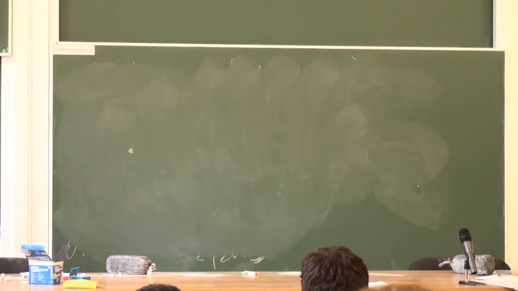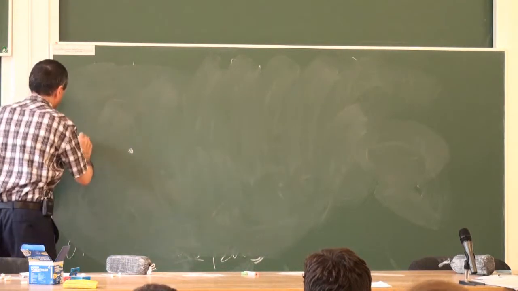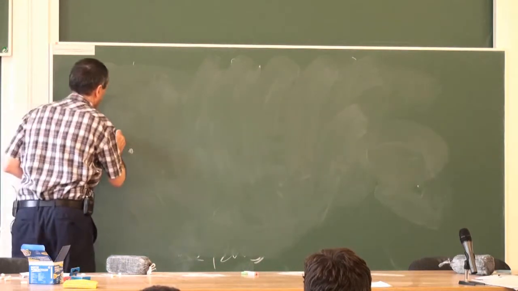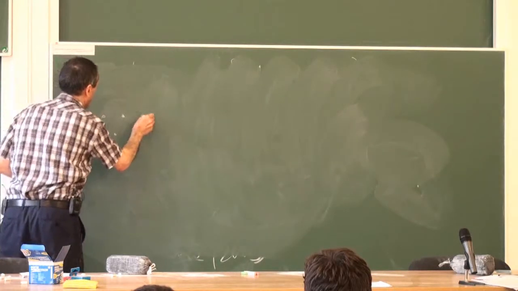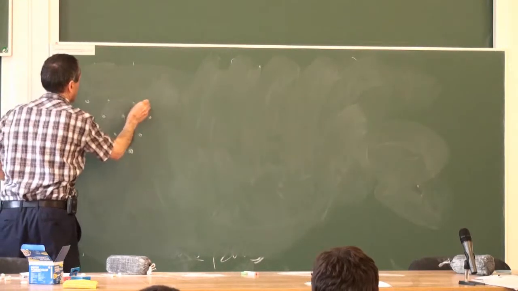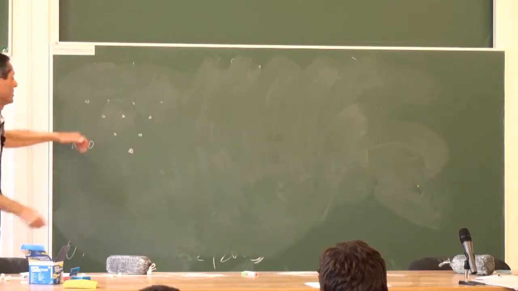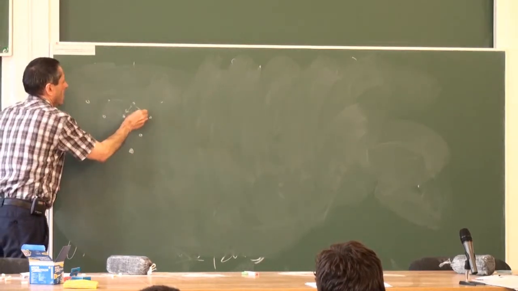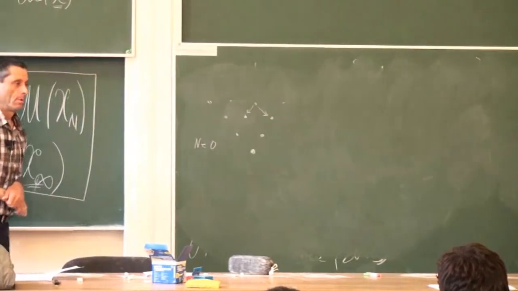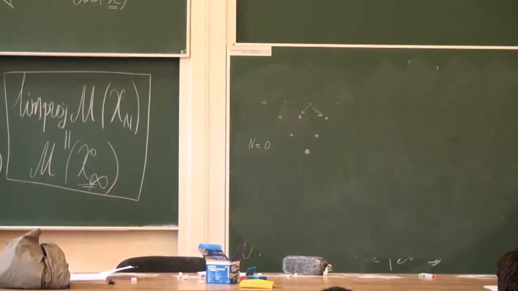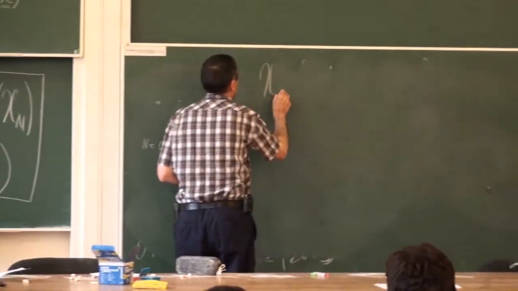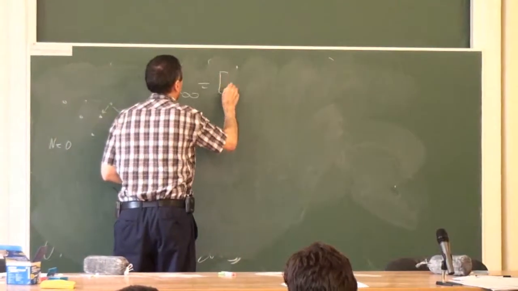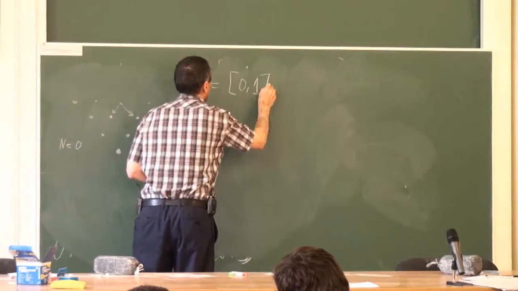Here there's the level number 0 and the level number 1, the level number 2, and so on. And the transition probabilities are of such a kind. From this picture, one can guess that the boundary here is the closed unit interval.